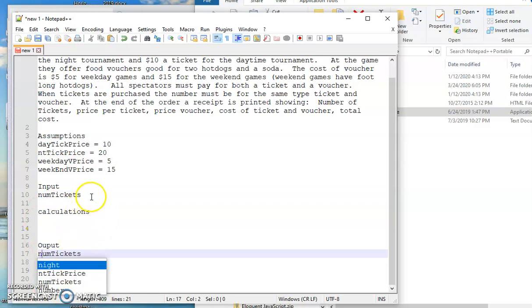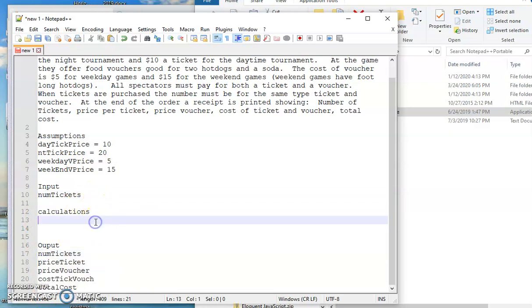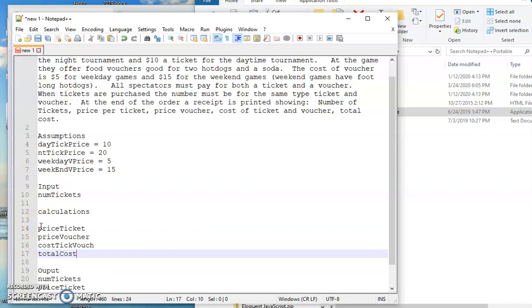Okay, better. So num tickets is one of them. The rest of these are all going to be calculations. So I'm going to go ahead and copy these. Control C, paste them up here, Control V, and put space equals space. And then I'm going to copy space equals space, Control C, and then Control V the rest of them all the way through.